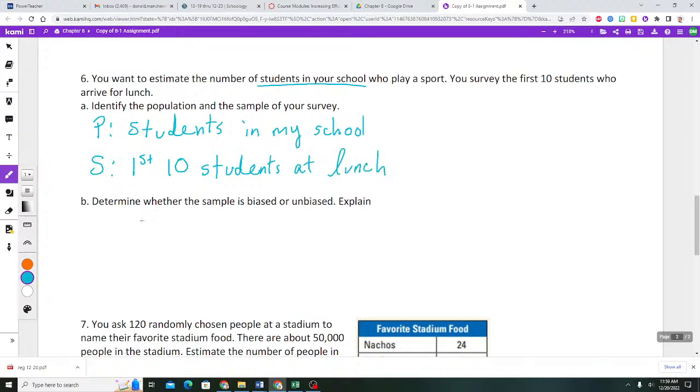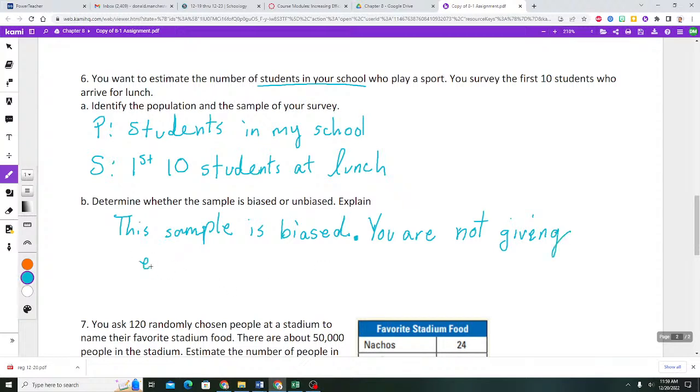So this sample is biased. And the reason it's biased is because you're only surveying the people who get to lunch the earliest. So you are not giving everyone a chance to be surveyed.